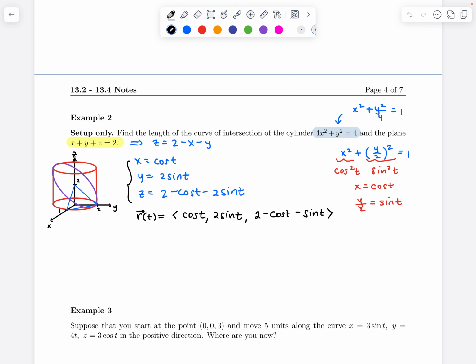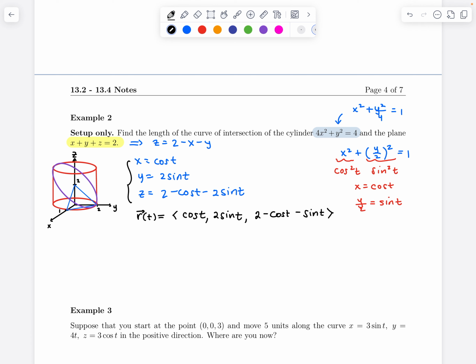And one way you can think about that is, what are all the t values I need in order to go around the equation of the ellipse a full turn? And that just corresponds to making sure that t ranges over a full period, because it's determined by sine and cosine.